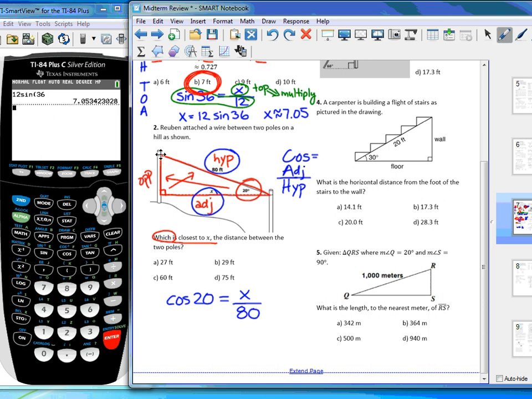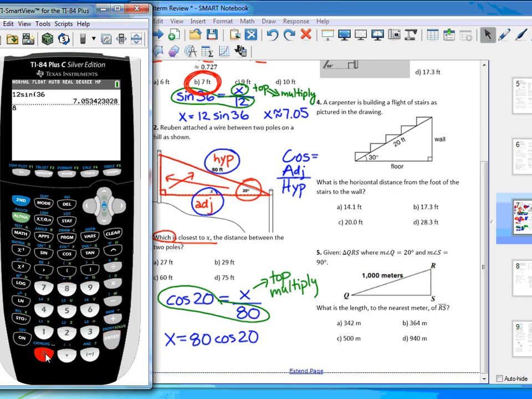Once again, the variable is in the top, so I can multiply. And so I come to my calculator and I do 80 cosine 20. Enter, and I get about 75.1 something.